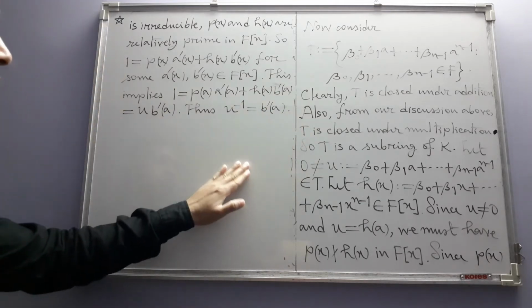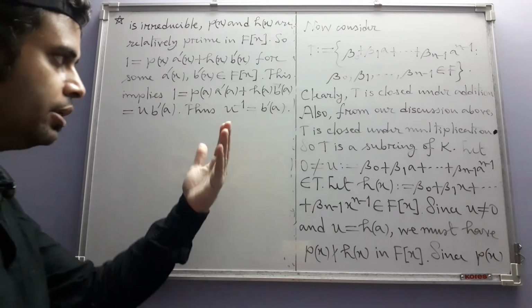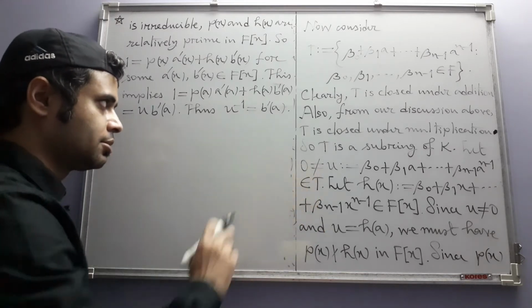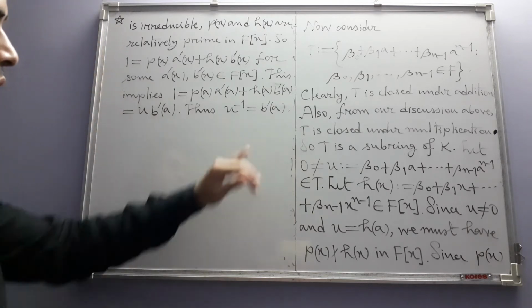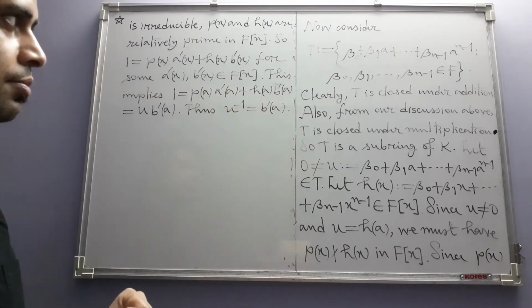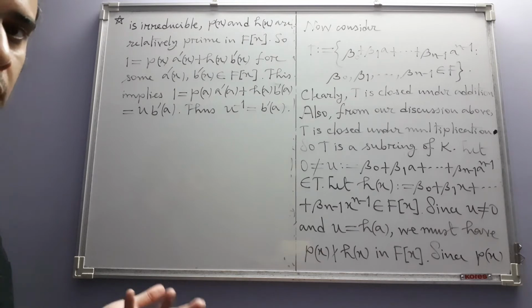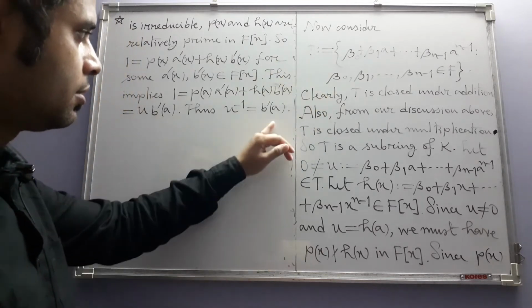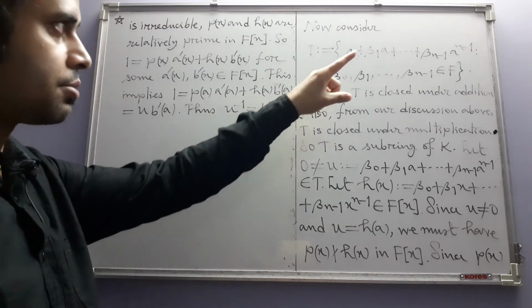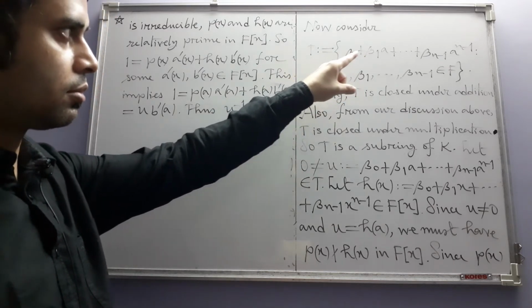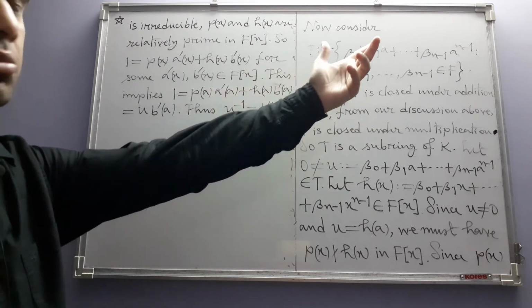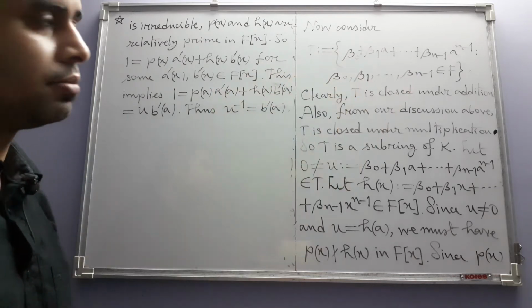So that means the inverse of U in K, which we know exists because U is non-zero, is actually a polynomial expression in A. So what else do we need to make it fall inside T? Namely that this polynomial expression contains only powers of A up to A to the power n minus 1.